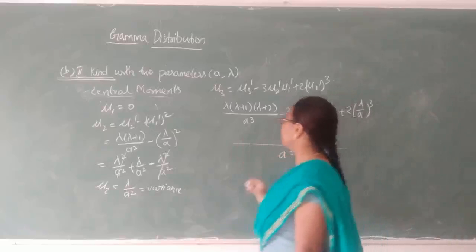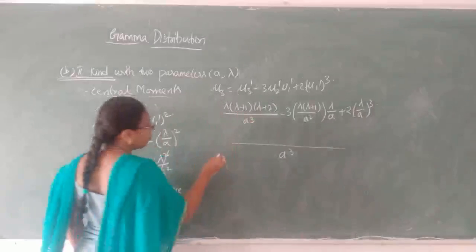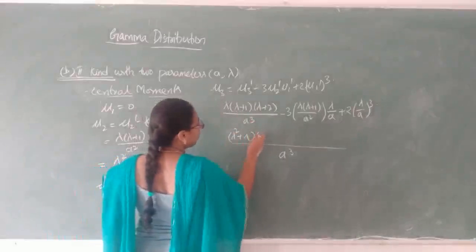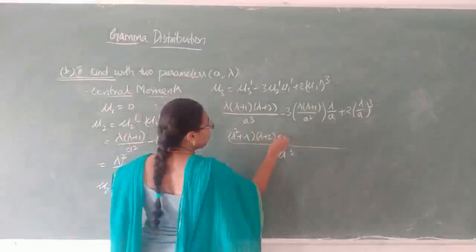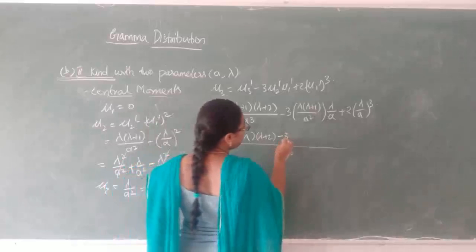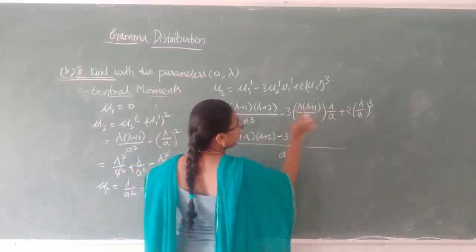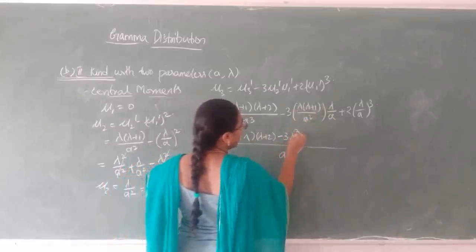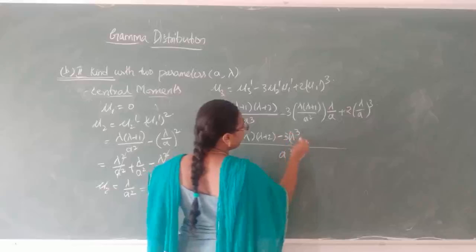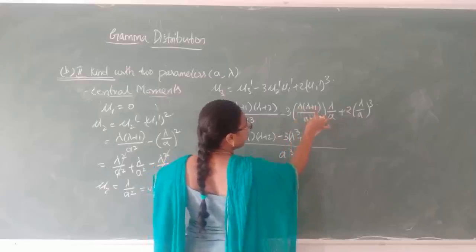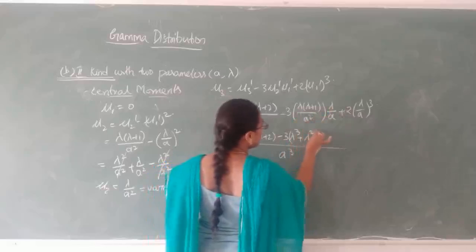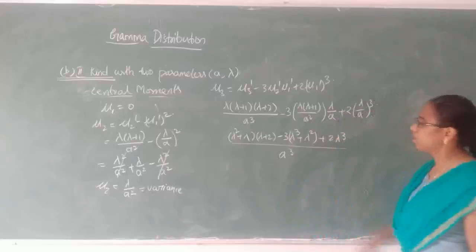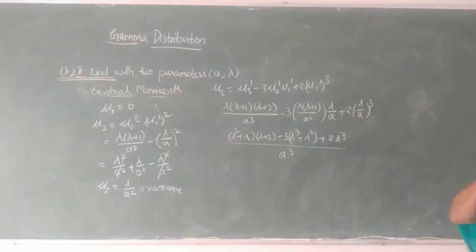Now simplify this one. Lambda square plus lambda into lambda plus 2, minus 3 into lambda square into lambda plus 1. So lambda square into lambda, lambda cube, minus 3 into lambda cube plus lambda into 1 into lambda, lambda square, plus 2 into lambda cube. So now simplify this one.